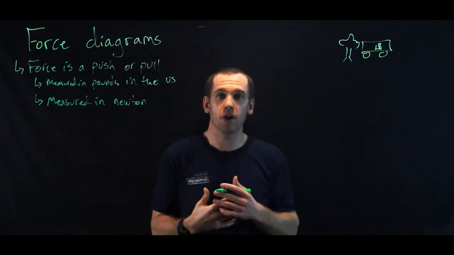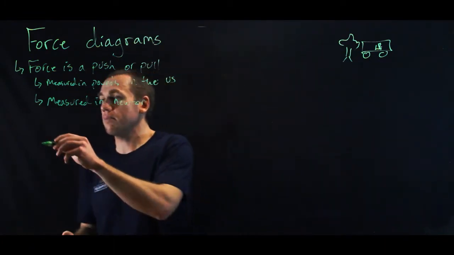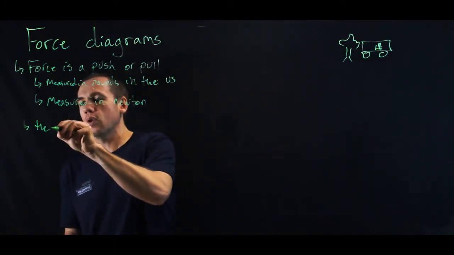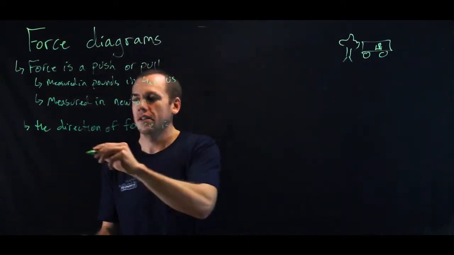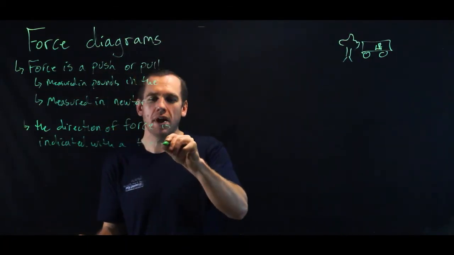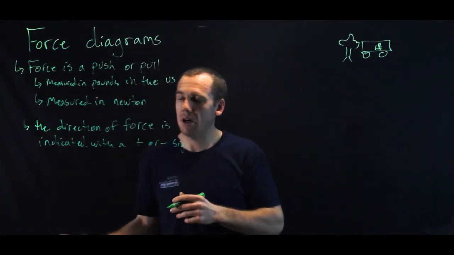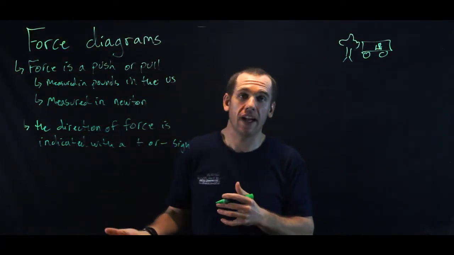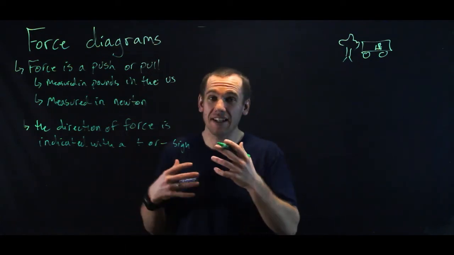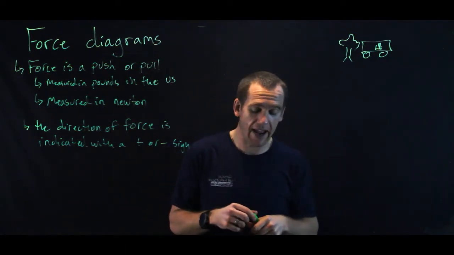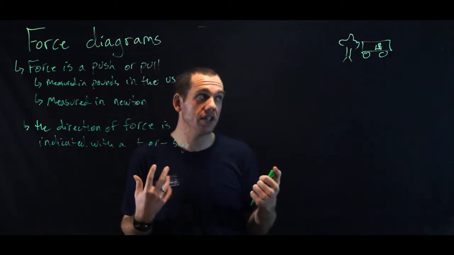So it matters which way the force acts. So force is a push or pull, and the direction of the force is indicated by a plus or minus sign. Just like we have positive and negative velocity and we have positive and negative displacement, we will have positive and negative force. And to help us keep track of all the forces that are acting on an object, we use force diagrams.